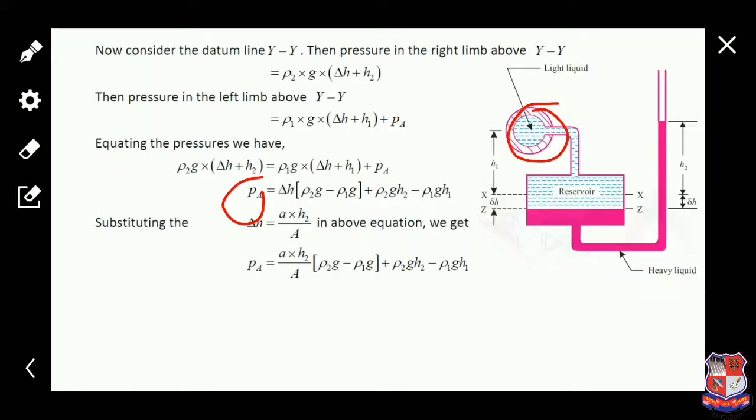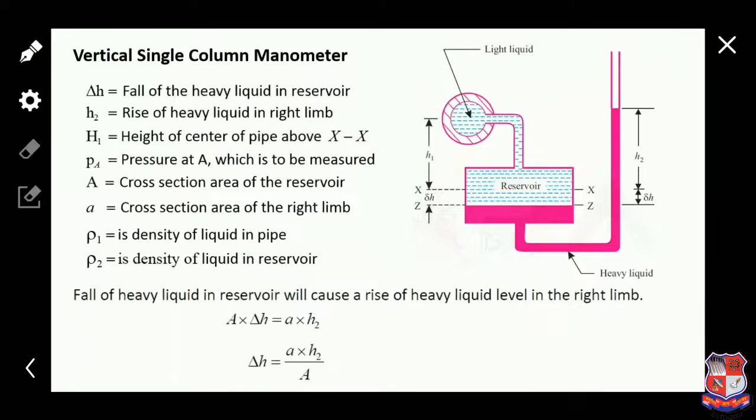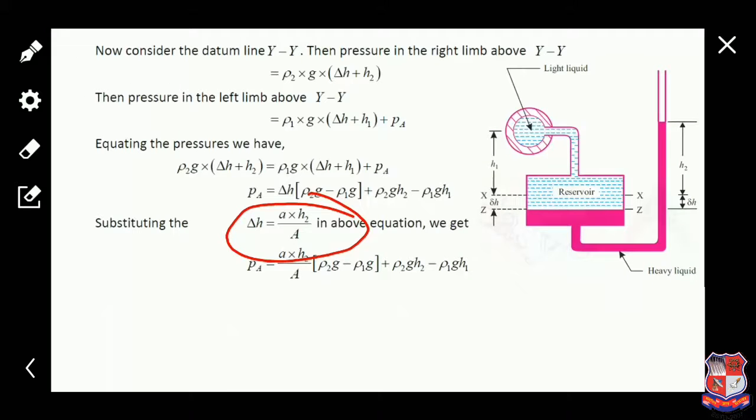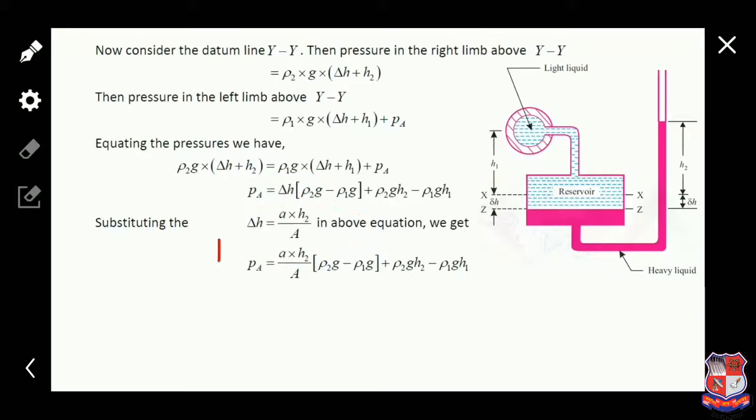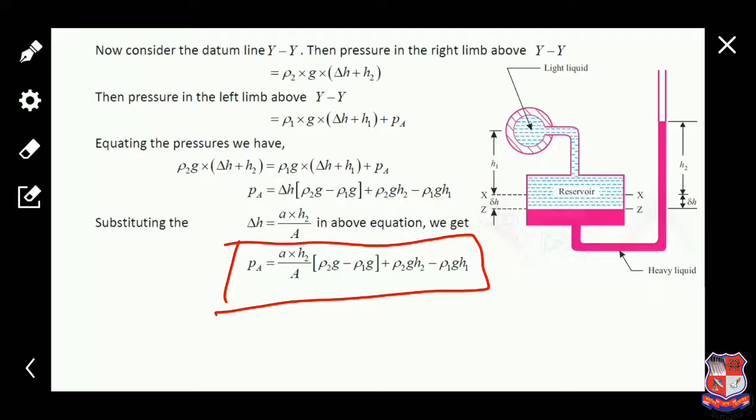We already found the value of delta H, so we put it into the equation. The final equation is PA equals (a times H2 upon A) times (rho 1 g minus rho 2 g), minus rho 1 g plus rho 2 g H2 minus rho 1 g H1.